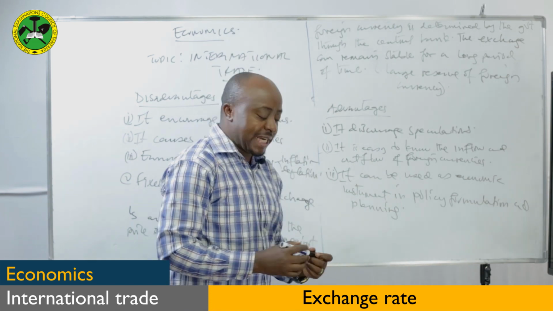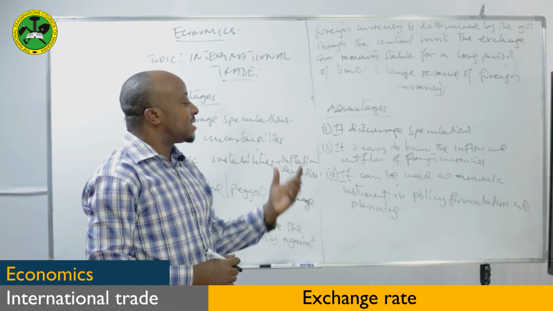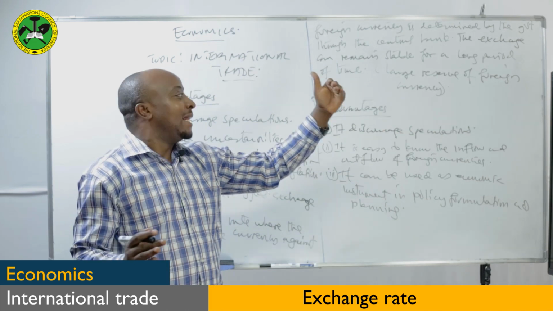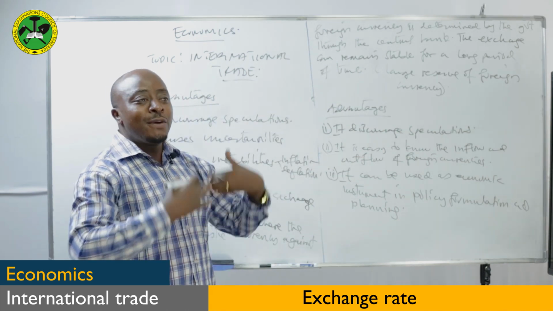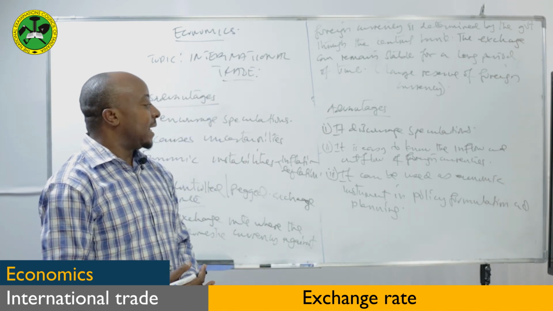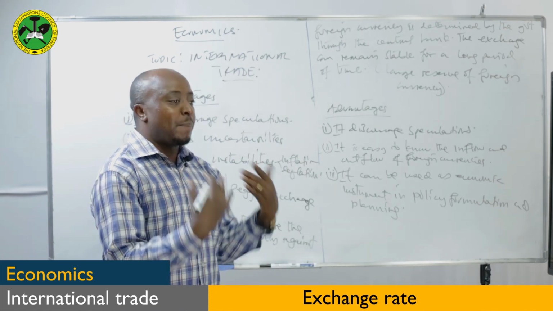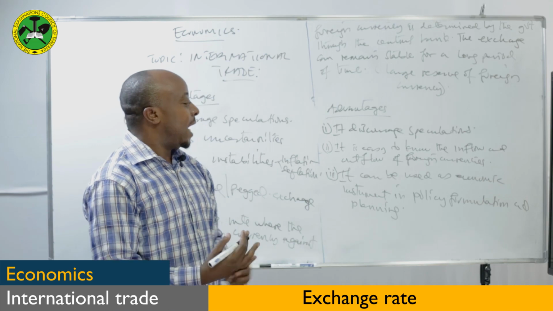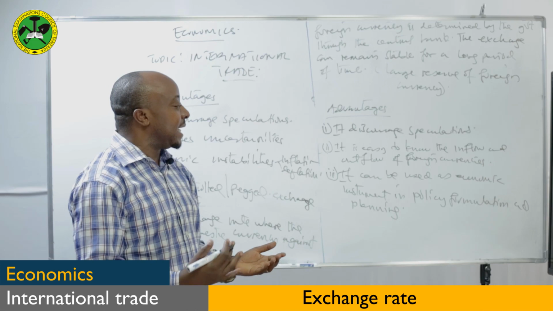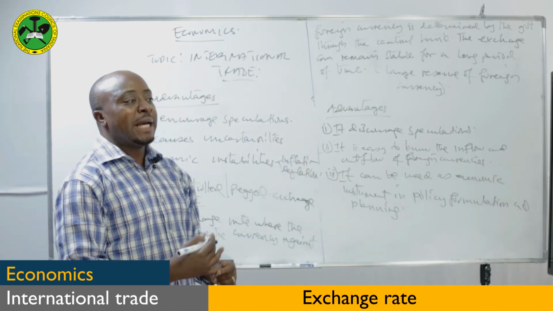It means this exchange rate is very easy to use as a policy instrument because, as we said, in the flexible exchange rate there are uncertainties. It is not easy to plan or to use it as an instrument of planning. But in this fixed system, because the government is the one fixing the exchange rate, you can use it for planning. For example, if the government wishes to make a devaluation, maybe to increase exports, or any other instrument of planning or policy making, it is very easy to formulate those policies with this system of exchange rate.